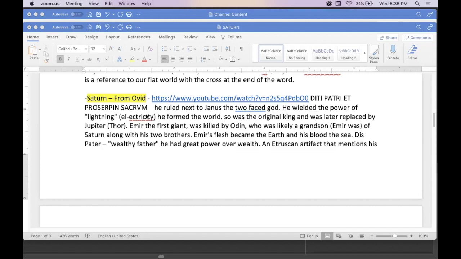C and T are the same in etymology, and they are part of the symbology of sound frequencies. But tri is the Holy Trinity. Ek is Ekinar, the holy realms. Then L is Saturn. He formed the world, so was the original king. So he's king, he's Lord of the Rings, and was later replaced by Jupiter, who is Thor.